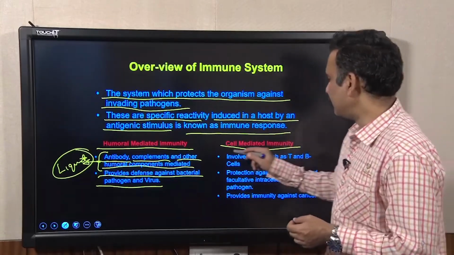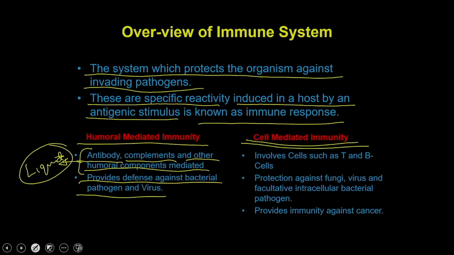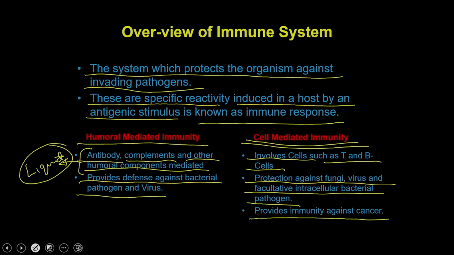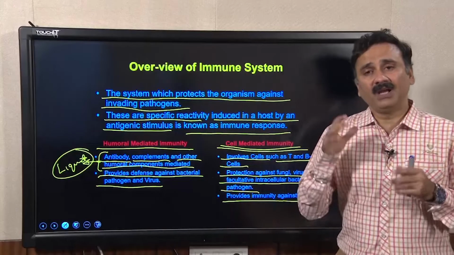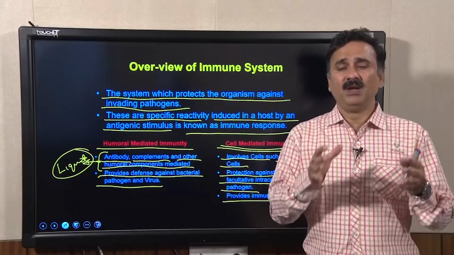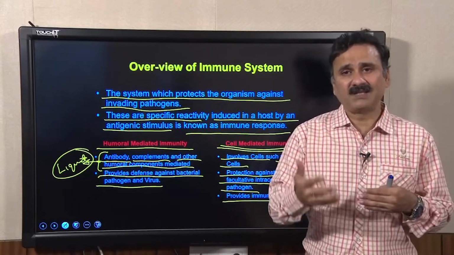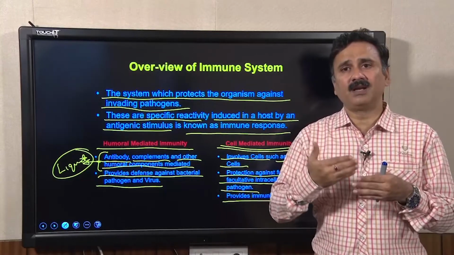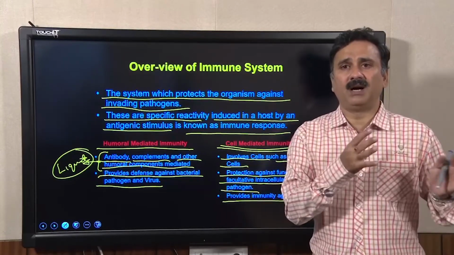The other response is cell mediated immunity, where you involve cells such as T and B cells. It protects the organism against fungi, viruses and facultative intracellular bacterial pathogens, and it also provides immunity against cancers. The cell mediated immune response is more robust and long lasting, and it creates a memory within the organism.